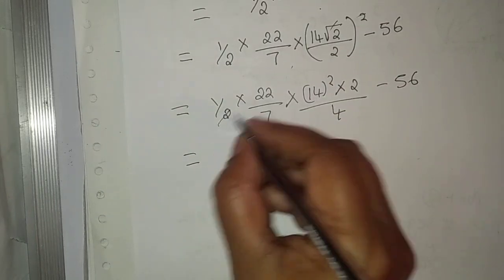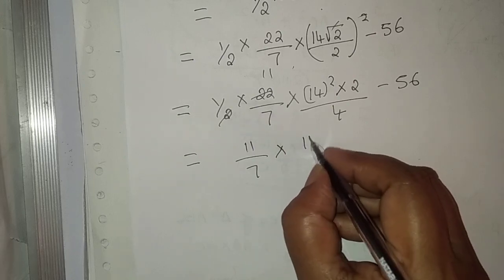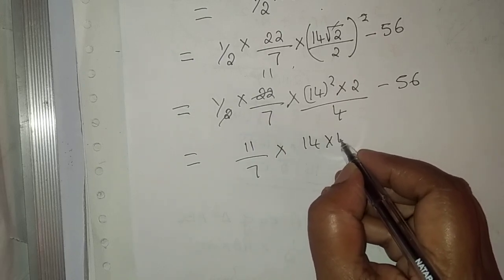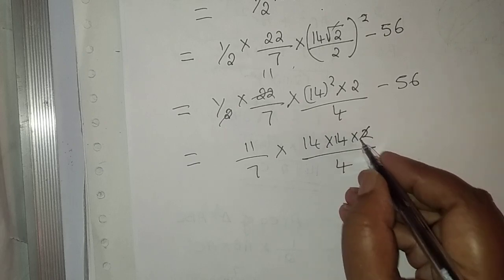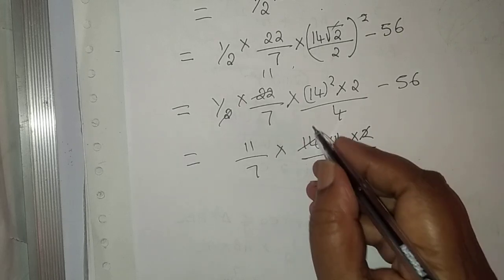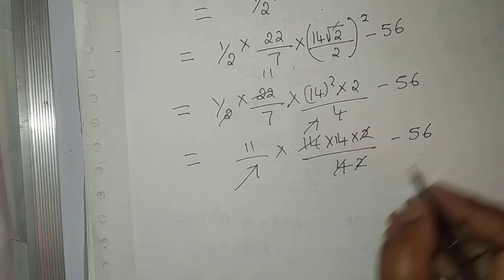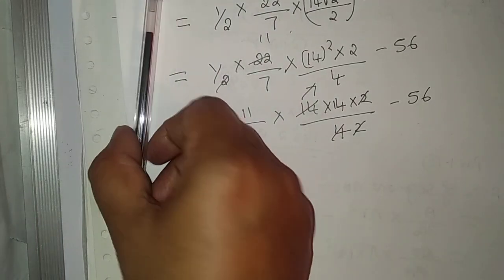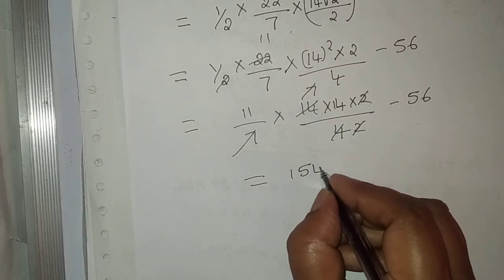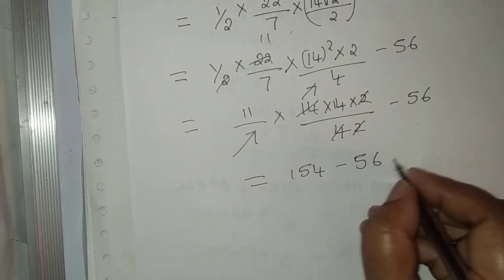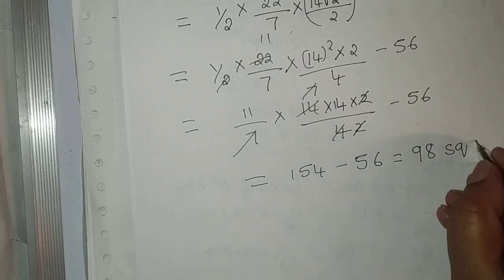So this is 2 ones are 2, 11s are 11 by 7 into 14 into 14 into 2 by 4, that is 2 ones are 2, 2s are 2, 1s are 2, sevens are 7 cancels, minus 56. Further simplify, we will get this one will be 154 minus 56 is equal to 98 square centimeters.